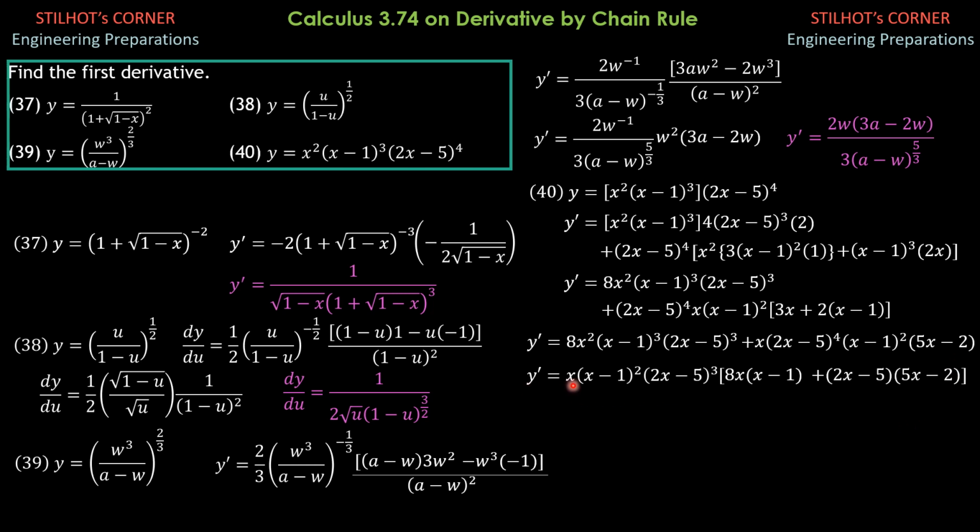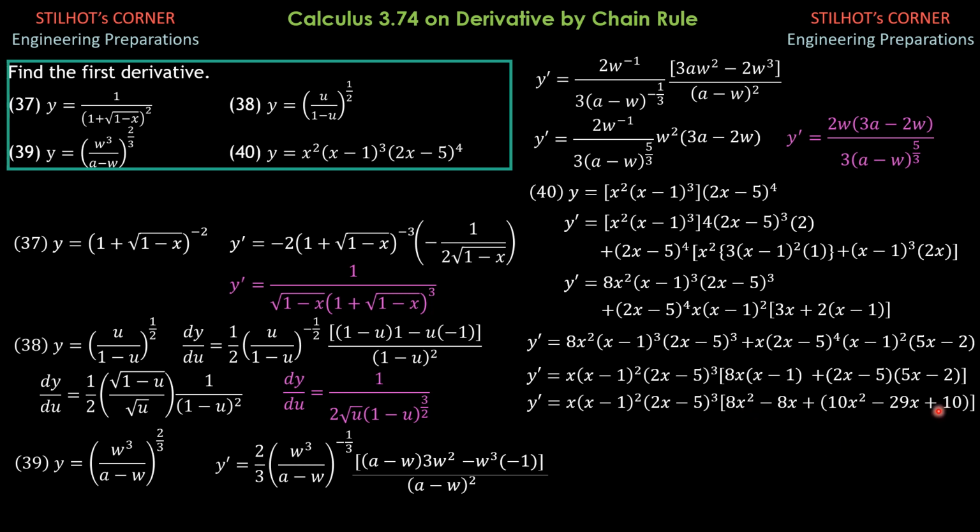So y prime, we copy the whole of this, then this is 8x squared minus 8x plus 10x squared, negative 4x, and negative 25x is negative 29x plus 10. So y prime is, we copy the whole of that, then times quantity 8x squared minus 8x plus 10x squared minus 29x plus 10.